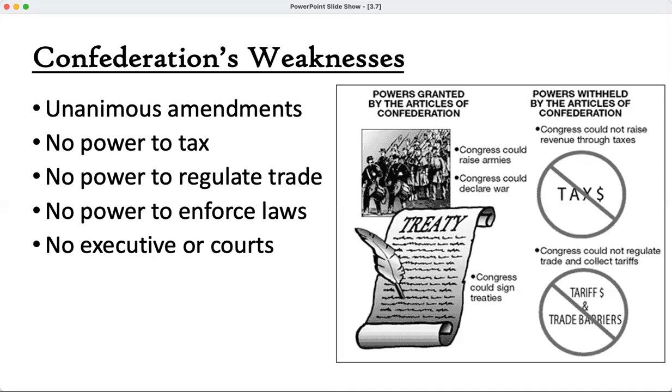So that means if I am Virginia and I want to raise some tax revenue without necessarily raising taxes on my own people, I might set a tariff, meaning that things imported or exported from Virginia have to cost more, or imported into Virginia have to cost more.